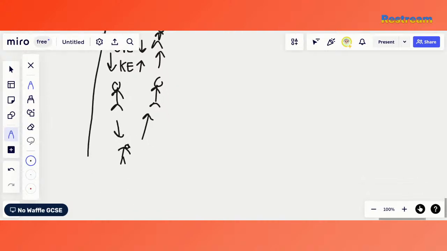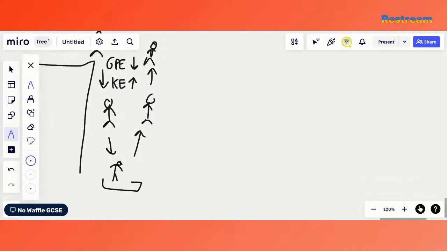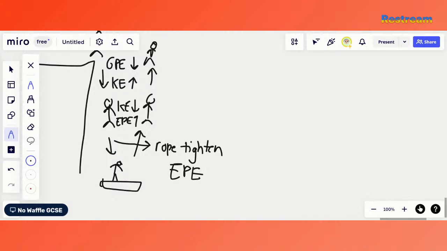However, when you reach the bottom here, the rope, the bungee jumping rope, begins to tighten. So as the rope begins to tighten, we see something called elastic potential energy, because from this point on, the rope is now stretching. So energy is being transferred from kinetic energy to elastic potential energy: the kinetic energy decreases and the elastic potential energy increases.